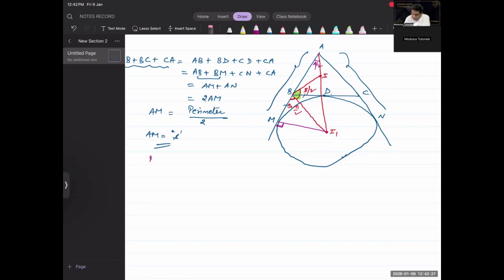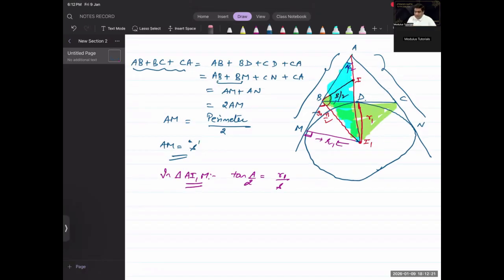So in triangle AI1M, it is easy to say tan A by 2 is, this is R1, R1 upon AM, which is s. Are you getting my point, boys and girls? So tan A by 2 will be R1 upon small s. Any problem in this?